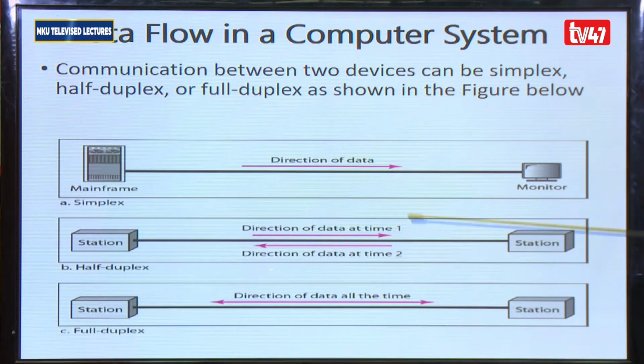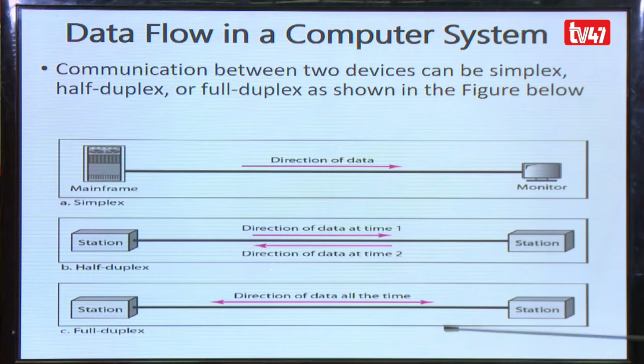We have a diagram here showing the direction of data. Is it flowing one way at a time? Is it flowing in both directions one at a time, or is it flowing in both directions simultaneously? That is what we call data flow in a computer system.